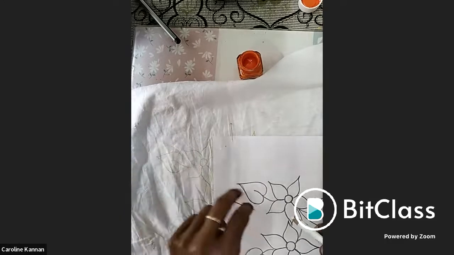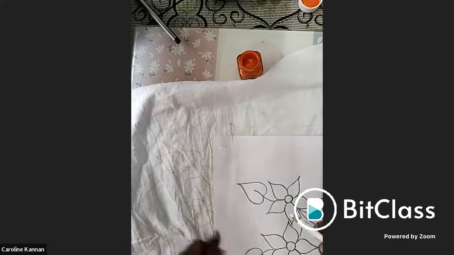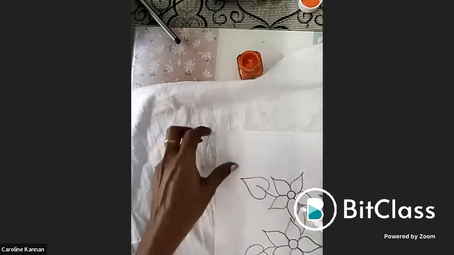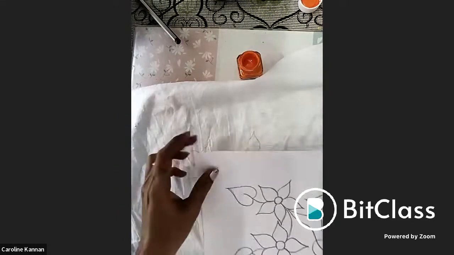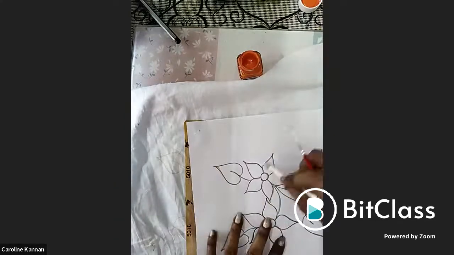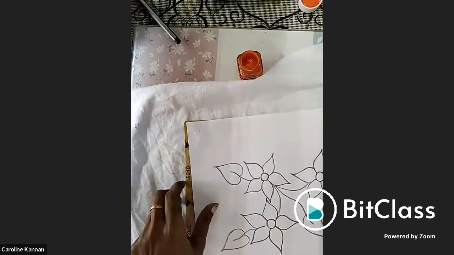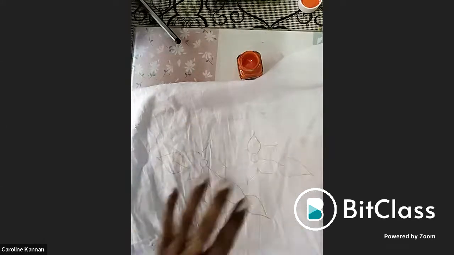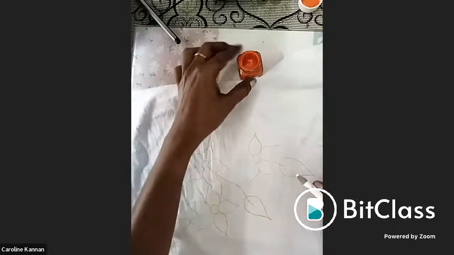Because when you trace it, when you move your paper, sometimes if you don't secure it, your trace will not be proper. That is the reason why we are securing it. So please keep the trace carbon paper and above that the trace paper and draw it above this so that your floral gets printed on the fabric.